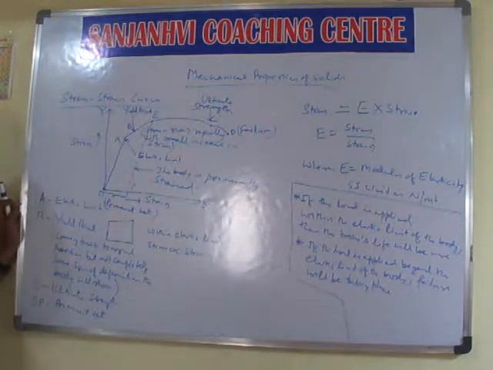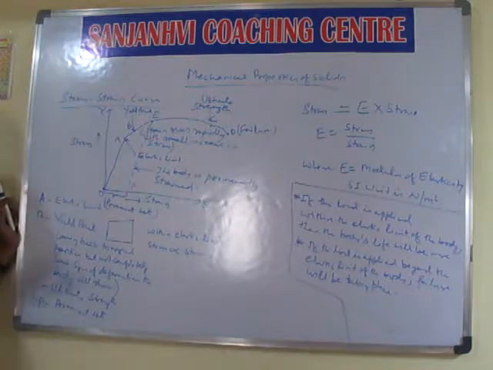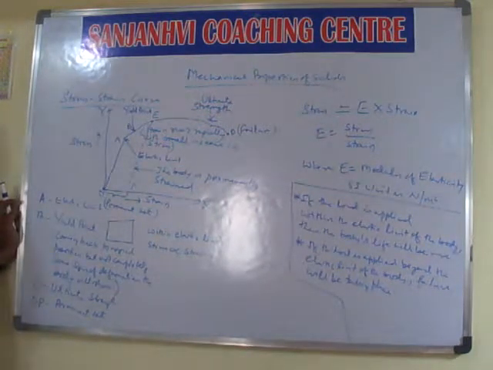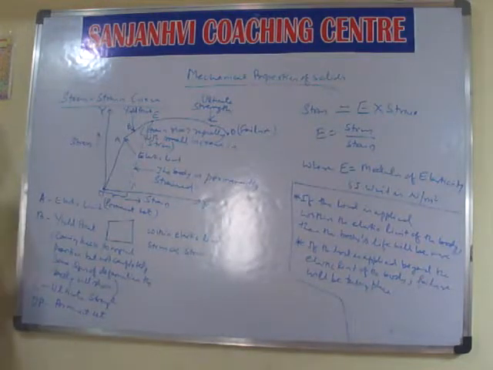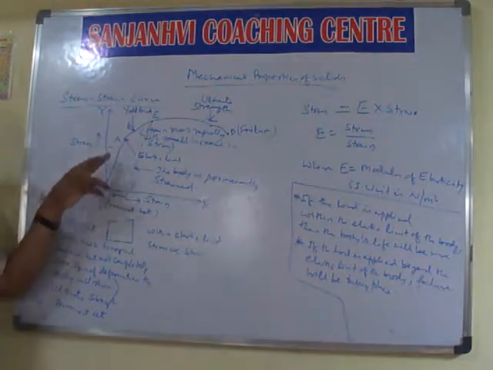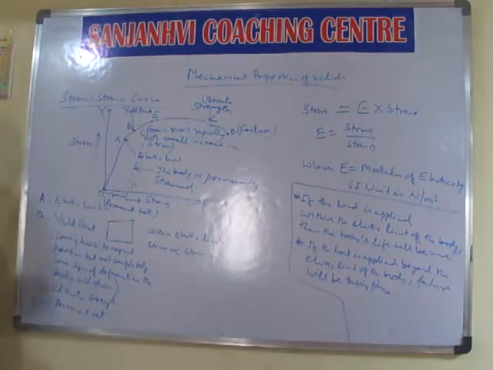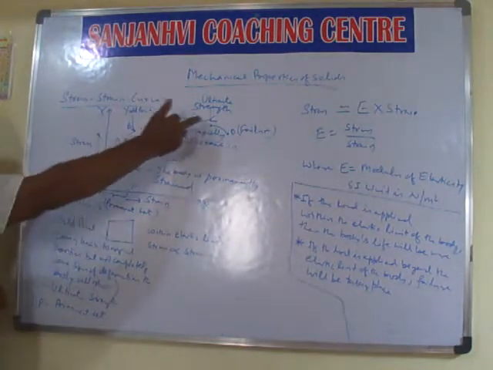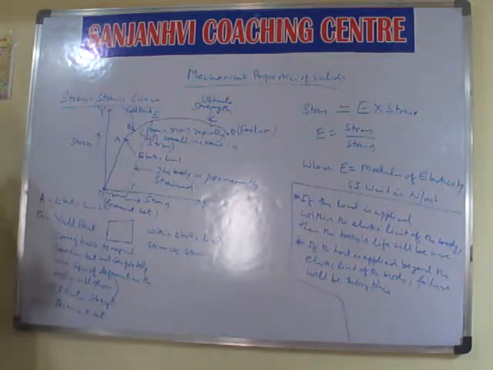And according to that body's loading capacity, we should apply the load. When it is less than its elastic limit, its life will be longer. Correct? So we should have each and every value with us. For any type of body, we should know what is the A value, what is the B value, what is the C value, everything we should know.